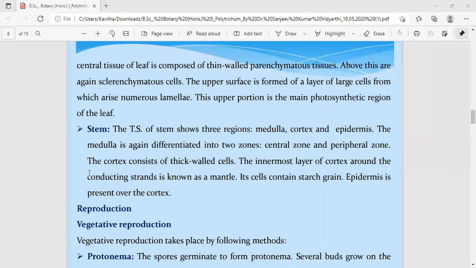So this is the mantle region of the cortex, which is going to store the starch for preserving the food material, and these are the conducting strands.